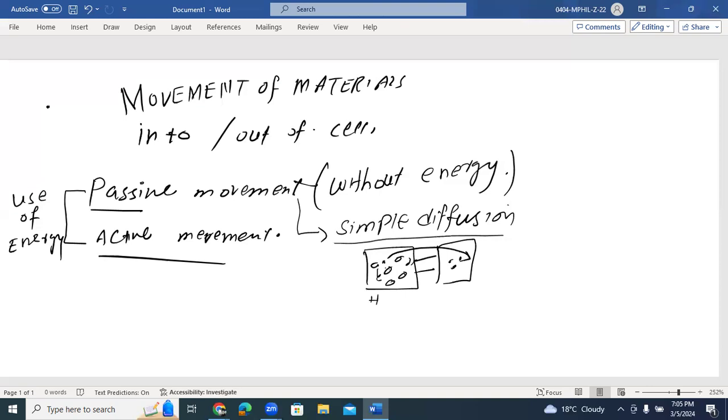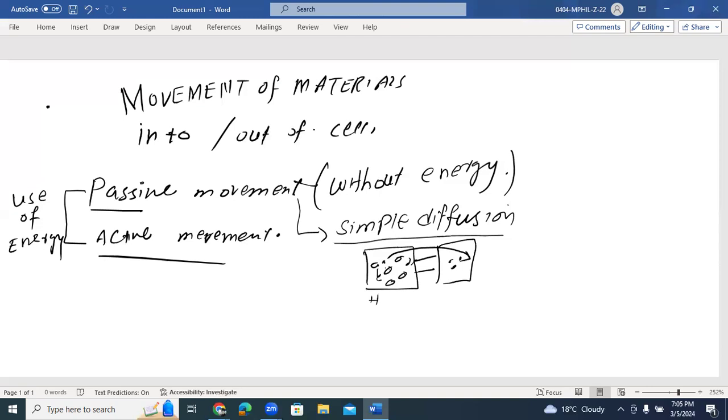Across the bilipid bilayer, the concentration of molecules is higher on one side and lower on the other side. So this down the gradient movement is always considered as simple diffusion.